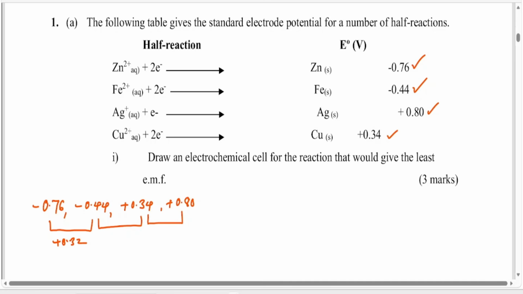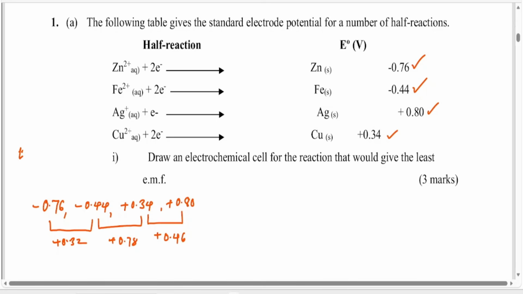When I take the difference between iron 2 and copper, I obtain positive 0.78. And when I take the difference between silver and copper, I obtain positive 0.46.